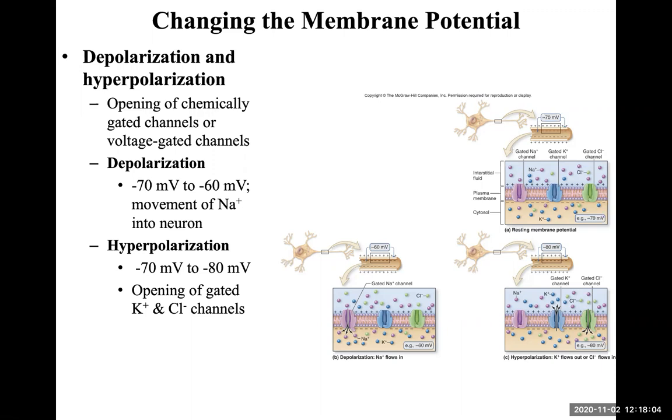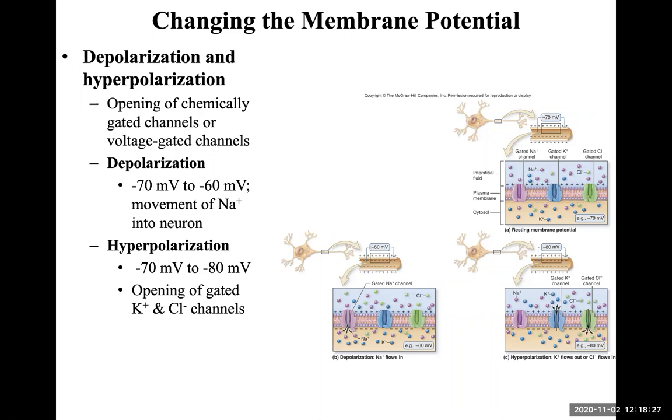I don't care that you know that particular value, but I do expect you to know that it brings it above 0, so into a positive direction. So that event of going from negative 55 to positive 30, that's depolarization. So depolarization is due to the opening of the sodium channels.